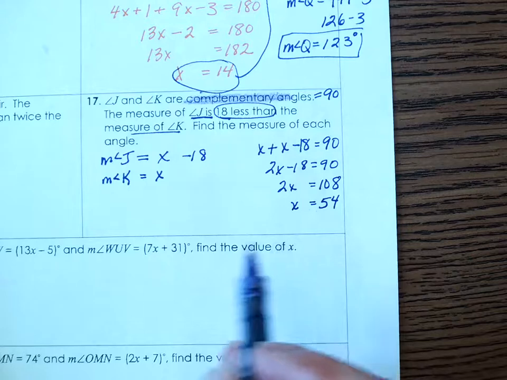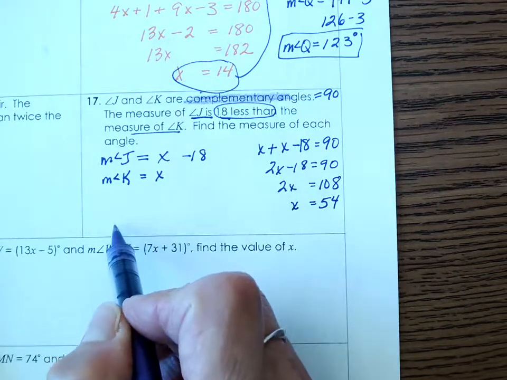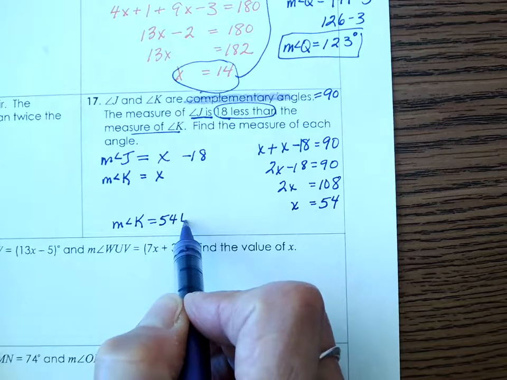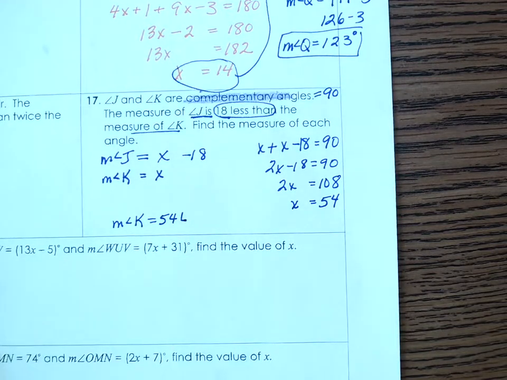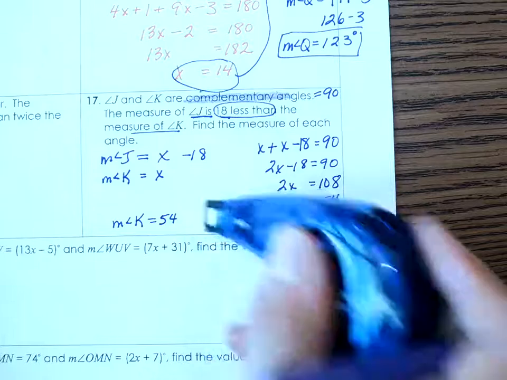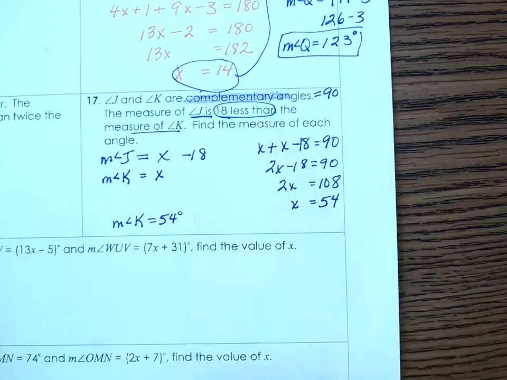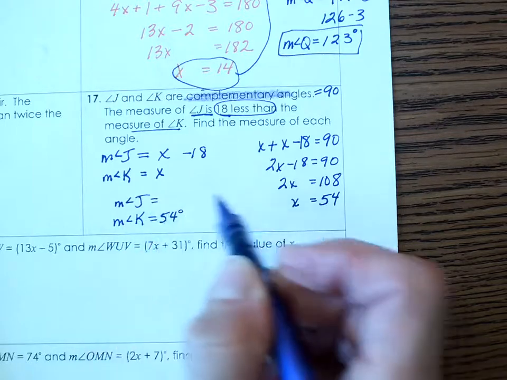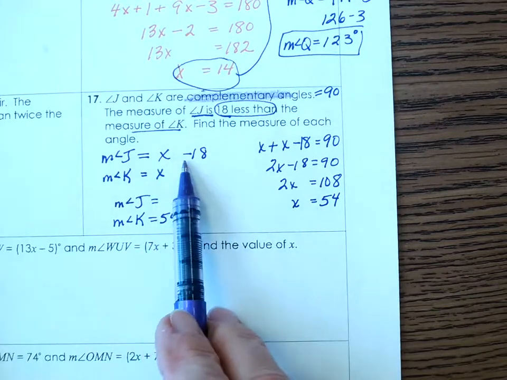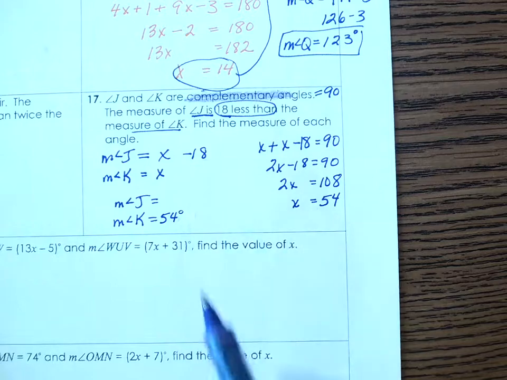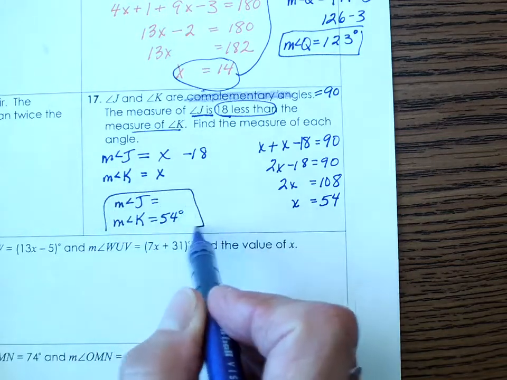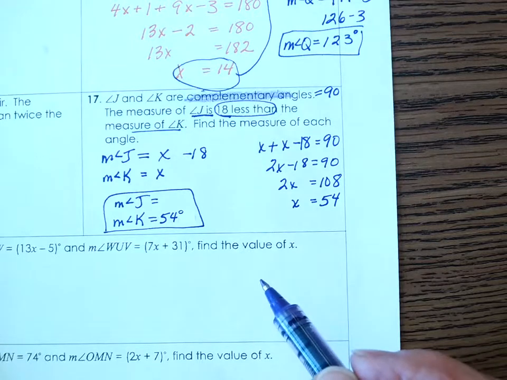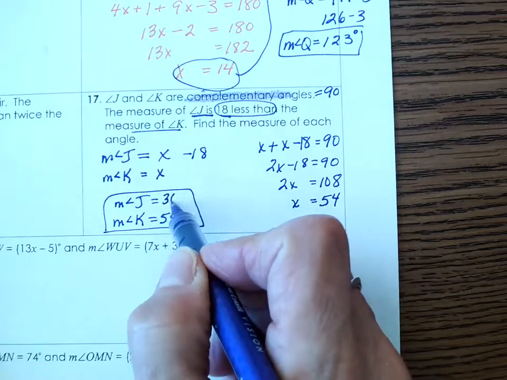So the measure of angle K right here is 54 degrees. And the measure of angle J is 54 minus 18. We also know that these two angles have to be complementary, that means they add up to 90. So 36 degrees.